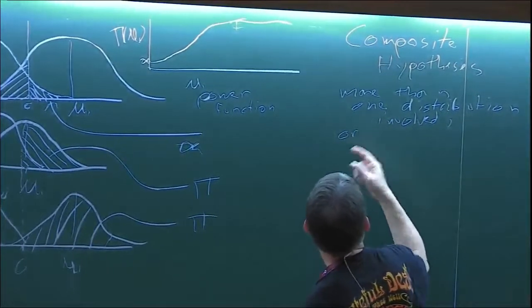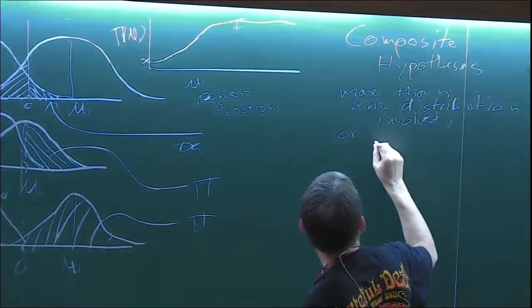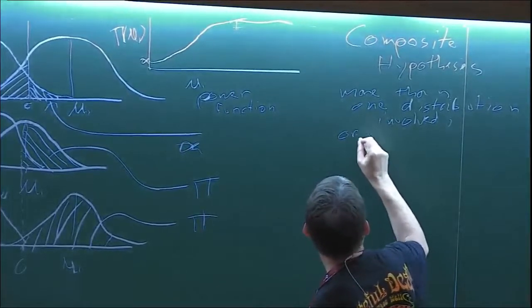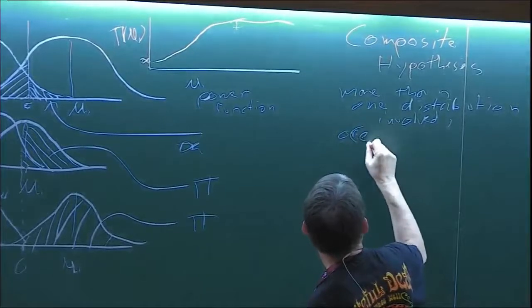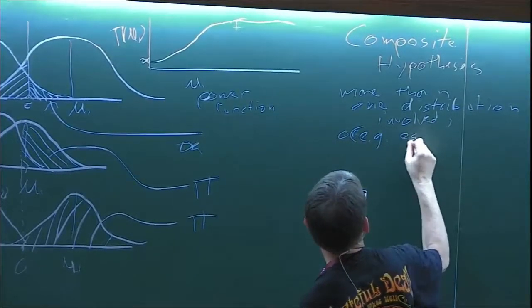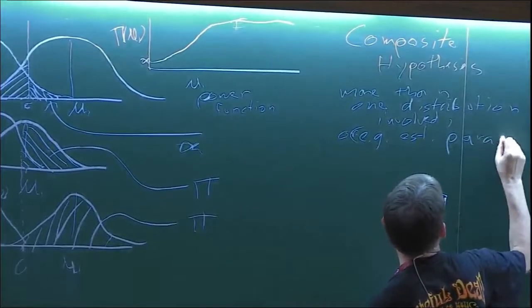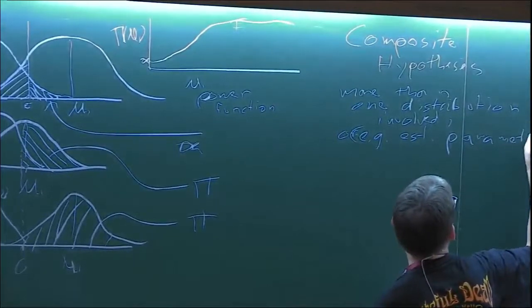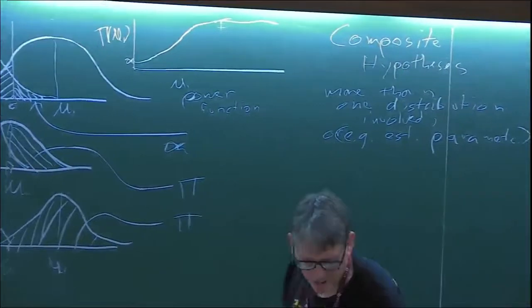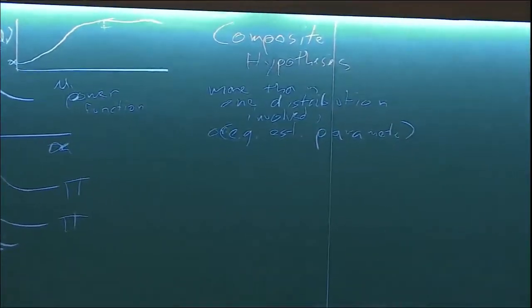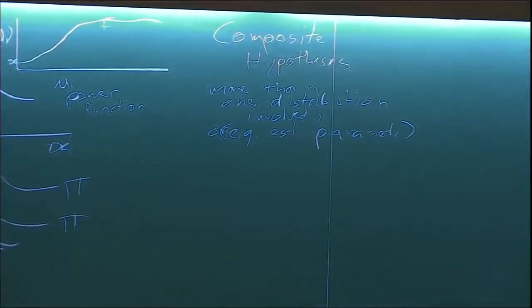That can in particular happen if you have to estimate some parameter in one or more of the distributions from data. So in that case, there's no uniformly most powerful test. And that can easily happen for these examples with normal distributions.